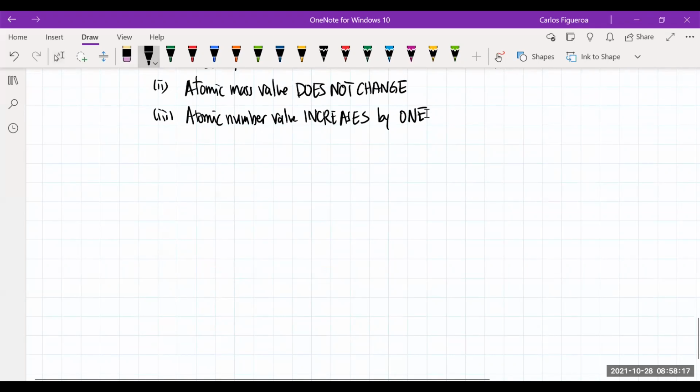Here's a very, very famous radioactive sample, okay? And we're going to talk about carbon 14. And carbon 14 is so important.